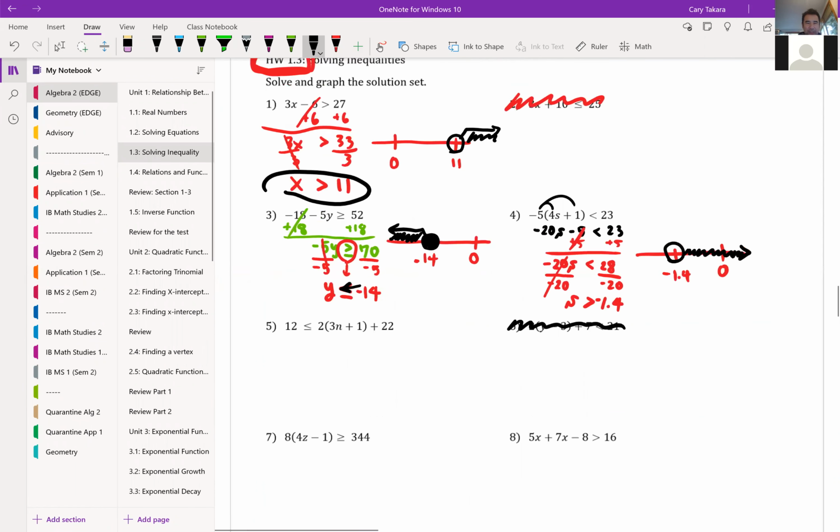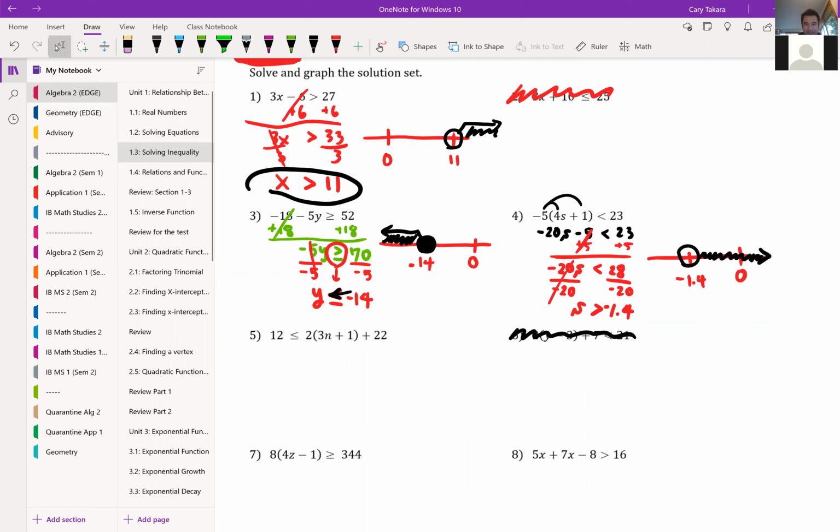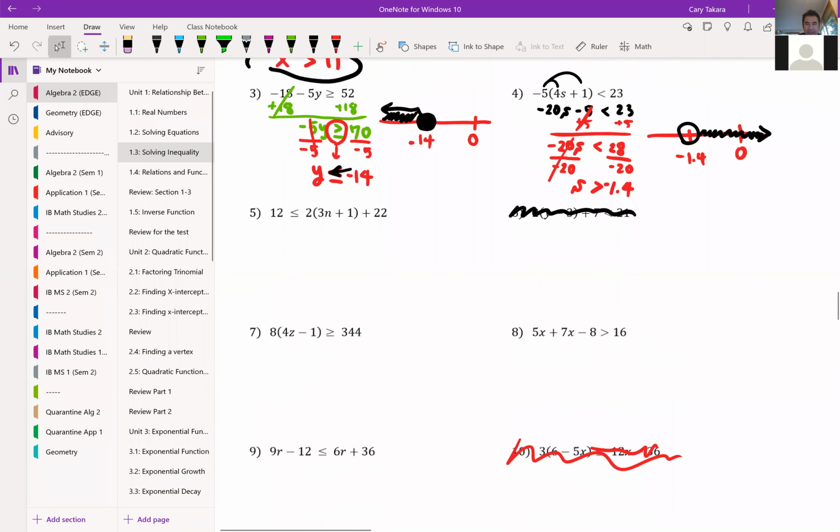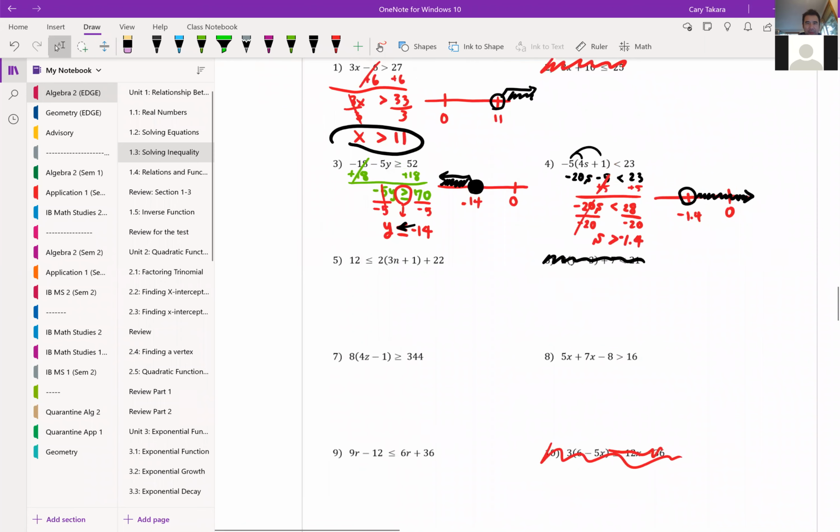Okay, let's keep going. Number 5. They are not terribly difficult, solving the inequality.